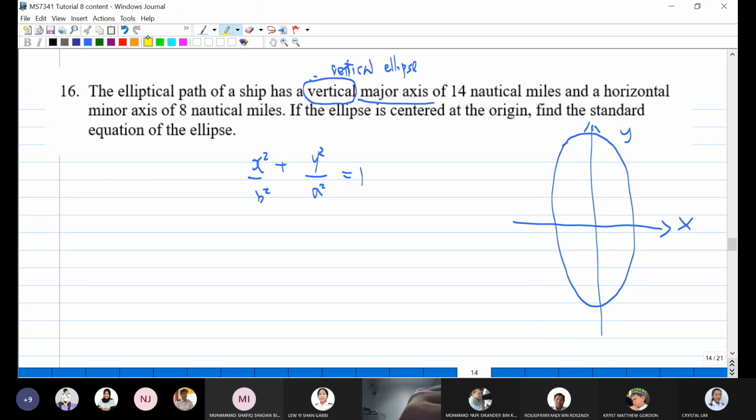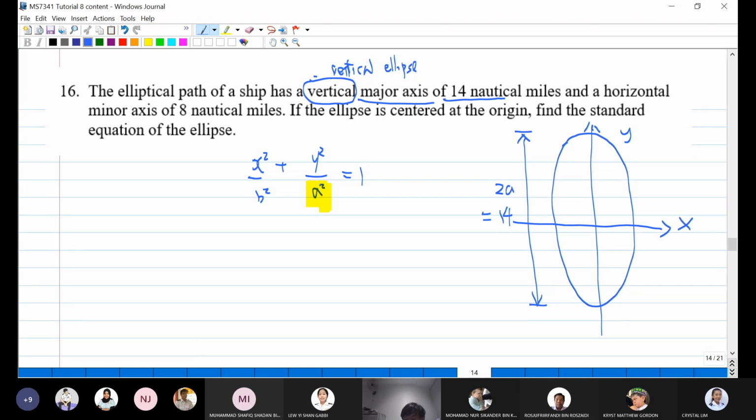So Y here, this is a. A is always bigger than b now, right? So this distance, from top to bottom, is 2a. And what is that equal to? Equal to the length of 14 nautical miles, the length of the major axis.